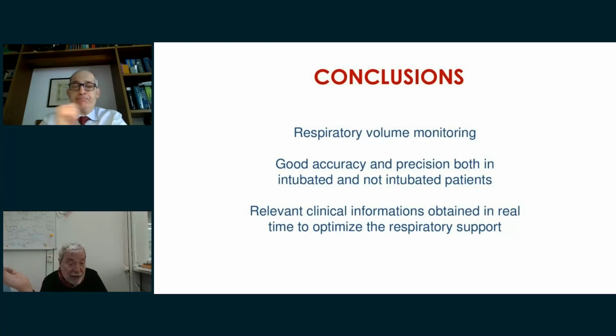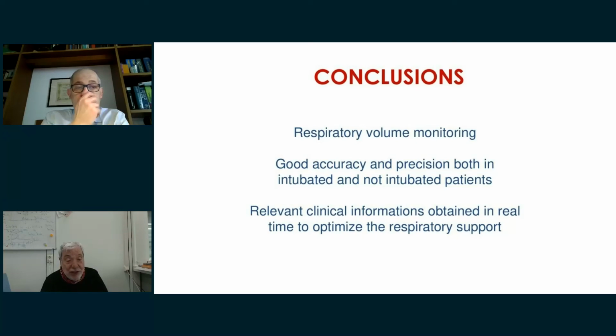Okay, in spontaneous breathing, you need the esophageal pressure. And we routinely measure esophageal pressure in these patients. But I know a lot of people say, well, we do not measure esophageal pressure because it's more work. Many do not know how to use it.